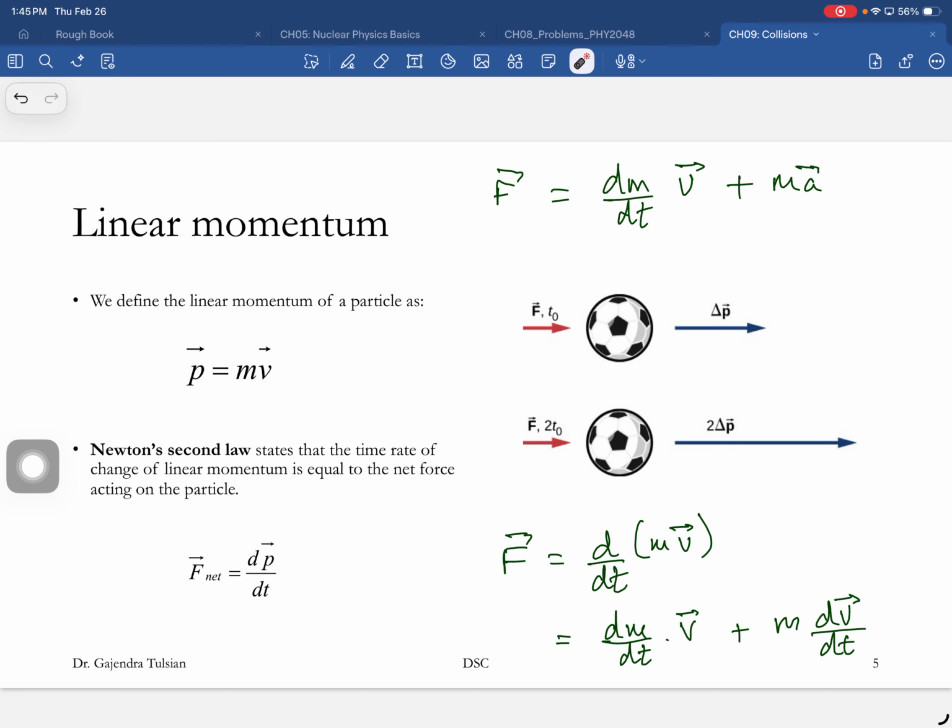So what are you going to do for a safety device? You're going to increase this time, so this force is smaller. But actually the airbag does two things. What else does it do? It spreads out the time. Very good.